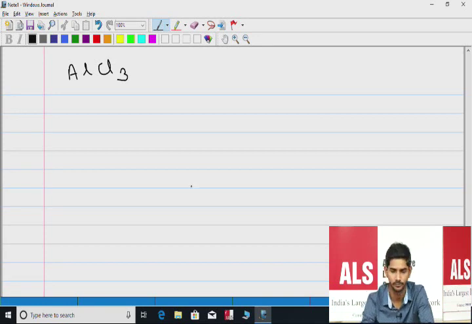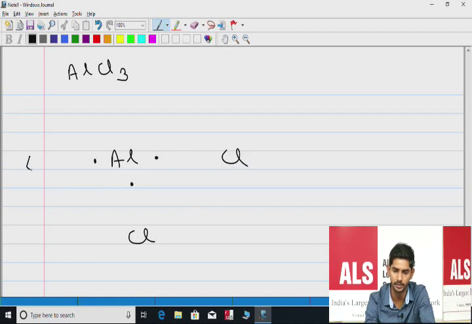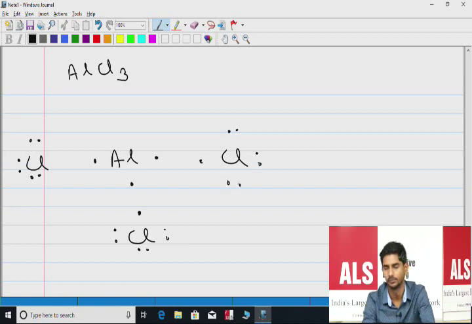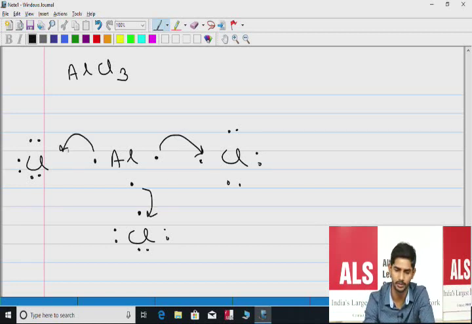Okay, check out. See, aluminum has 3 valence electrons. Put 3 chlorines along with these 3. It is exactly like covalent bonds. The only difference is we need not circle the octet. Here we need to use the arrow to show the octet.